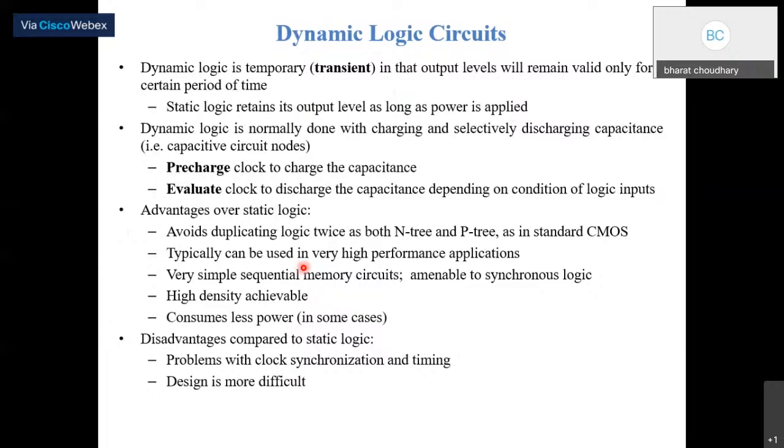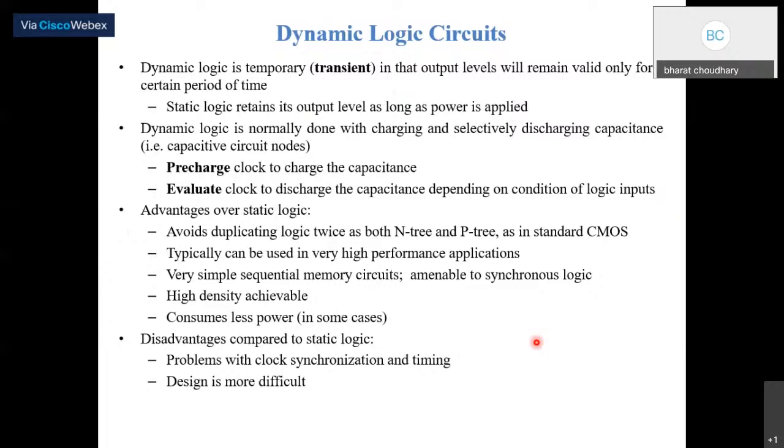Compared to static logic, dynamic logic avoids duplicating logic twice as both N tree and P tree as in standard CMOS, and typically can be used in very high performance applications and very simple sequential memory circuits amenable to synchronous logic. High density is achievable and it consumes less power.